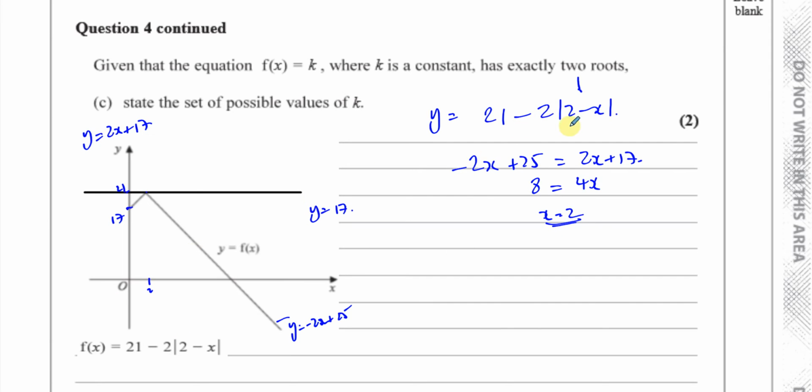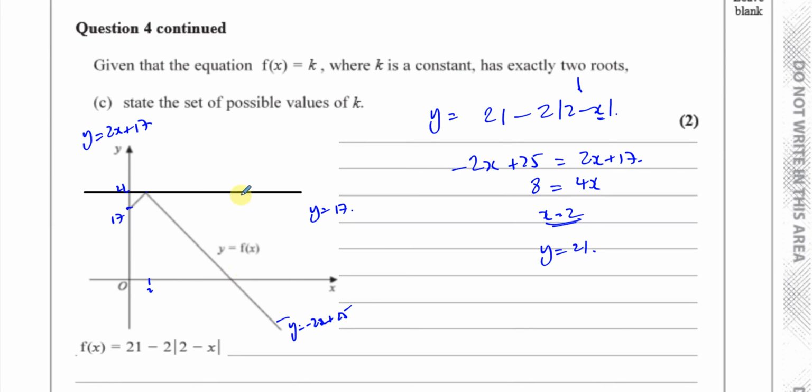When you put 2 into any of these equations, you'll find that y is equal to 21. If I put 2 in here, I have minus 4 plus 25, which is 21. If I put 2 in here, I have 4 plus 17, which is 21. If I put 2 in here, I have 21 minus 0, which is 21. So y equals 21 is the y coordinate of the vertex.